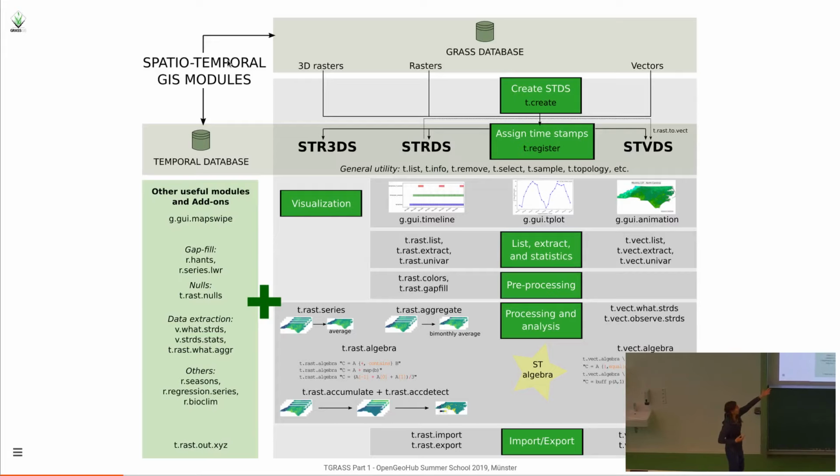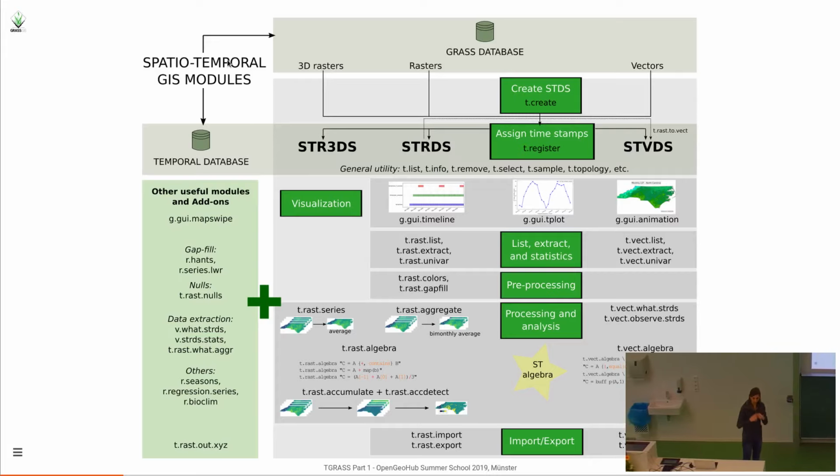What we do when we use this t.create module, which is the first step in the workflow, is create a table that will contain all the names of the maps to which we will assign timestamps. Not only the names, but also the spatial extent, the temporal extent, and the minimum and maximum value of the map.